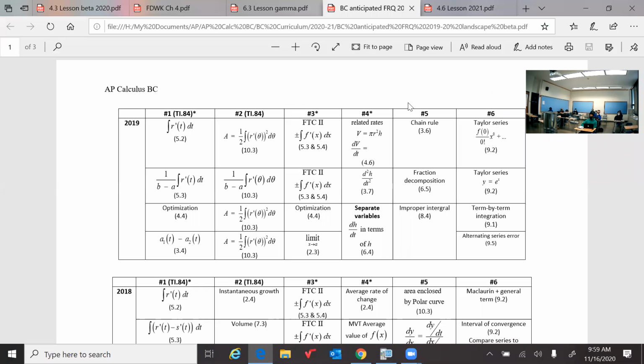We outline all the previous tasks within the last 7 years, broken down by component and textbook section. So they released the information about what was asked in these free response questions, not multiple choice.